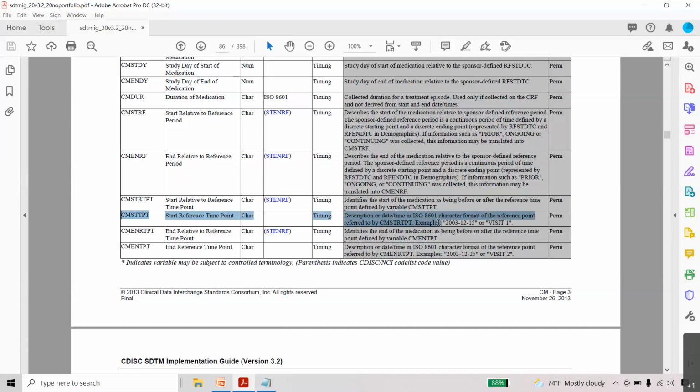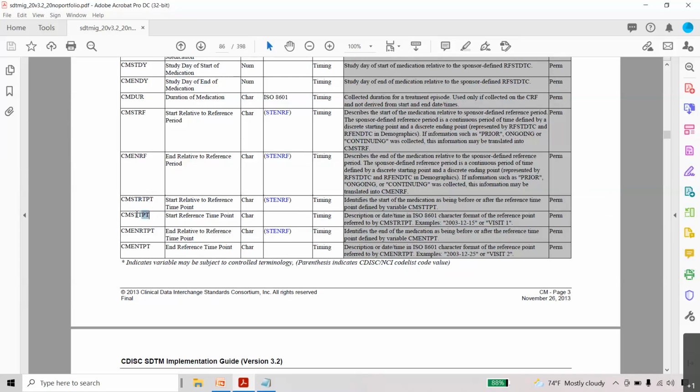The reference time point is not the standard study duration. This is the reference point given by the sponsor, so it might be a particular date or a particular visit. Based on this particular date or visit, we capture the information in CMSTRTPT.